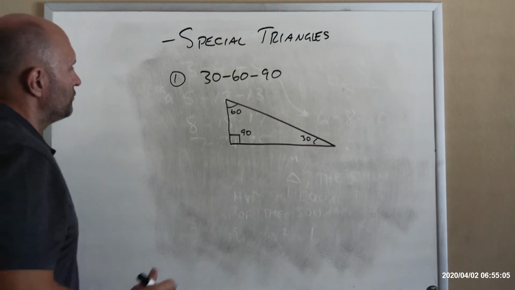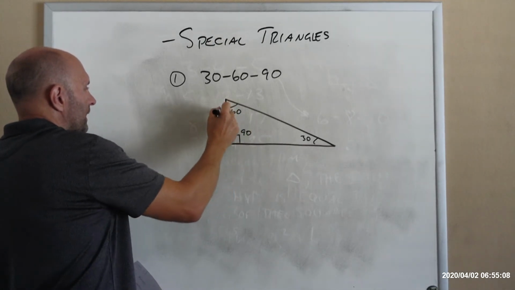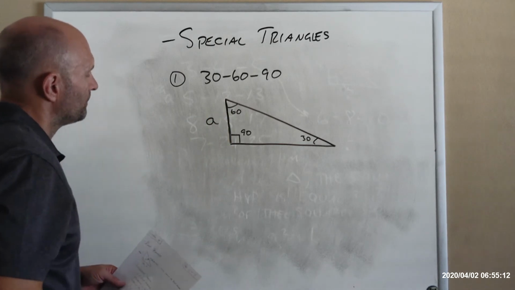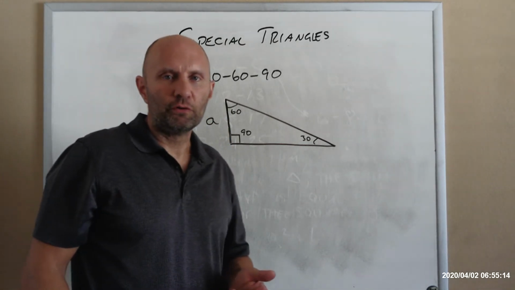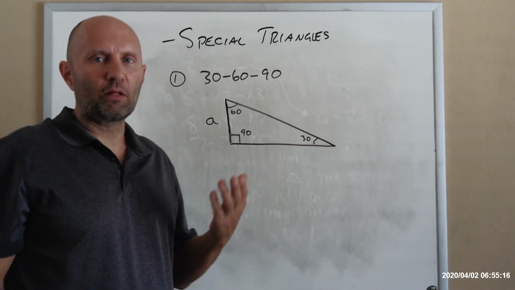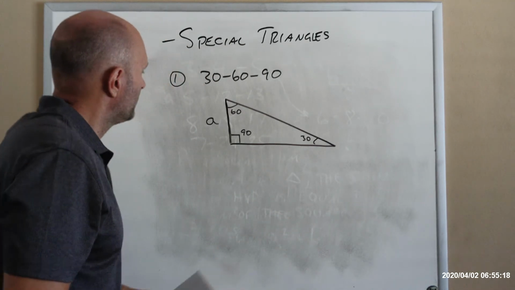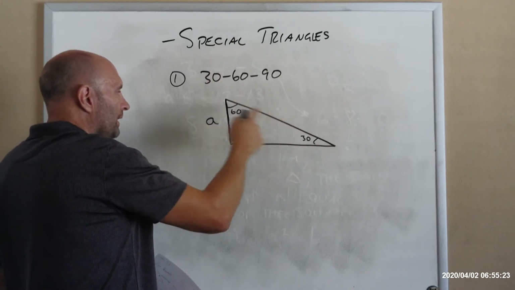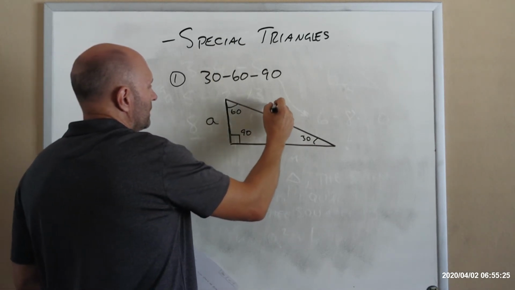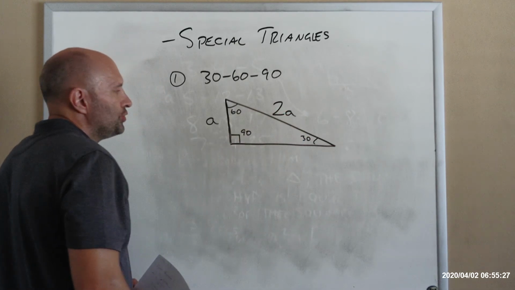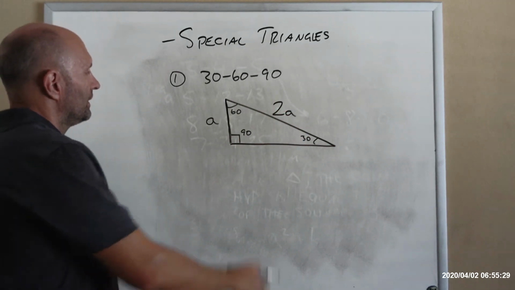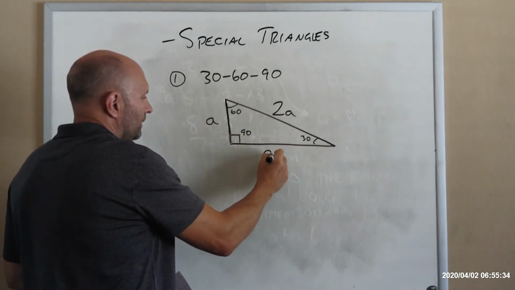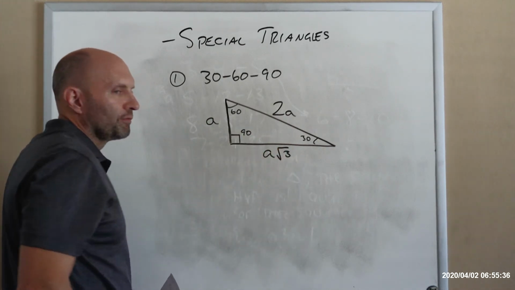When I have this situation, this leg is my short leg, so let's call this A. A feature of this special 30, 60, 90 triangle is that the hypotenuse is twice as long as the short leg, so that would be 2A. And the long leg is the short leg times the square root of 3.